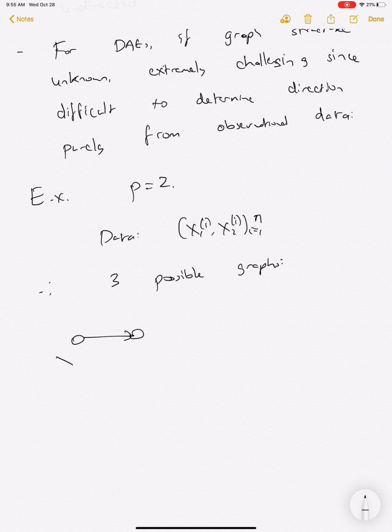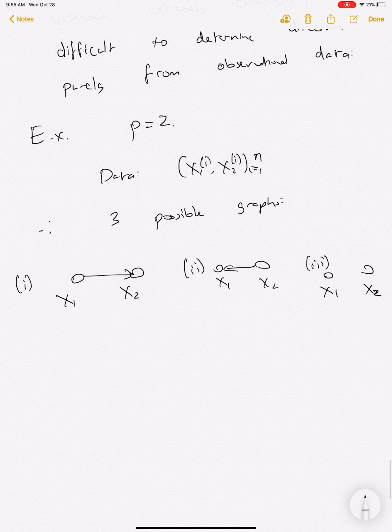This is one possibility. This is the second possibility. And then the third possibility is that there's just no edge between x1 and x2.